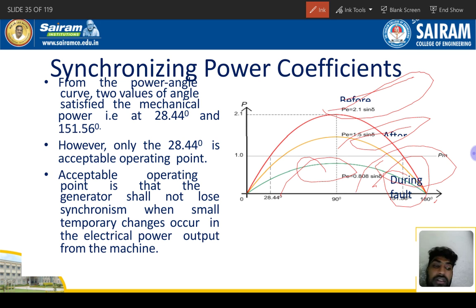Acceptable operating point means that the synchronism stays intact under small temporary changes in the electrical power output. So if small variation or a small fault occurs, it will be managed, making it a stable operation. It will not shut down the whole power system components.